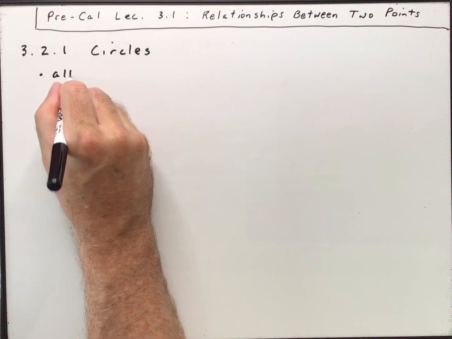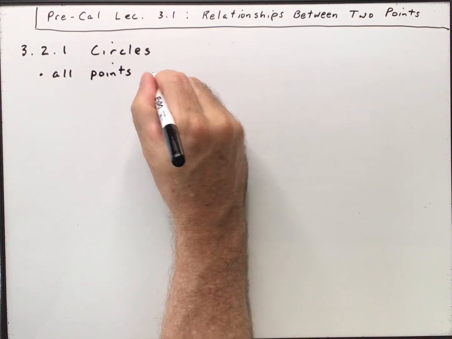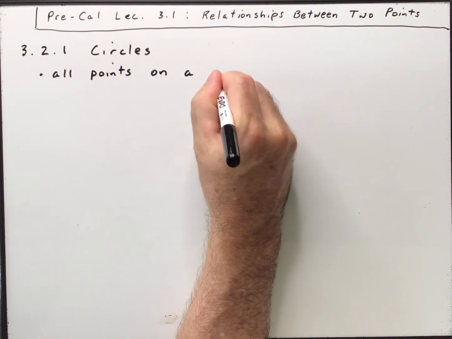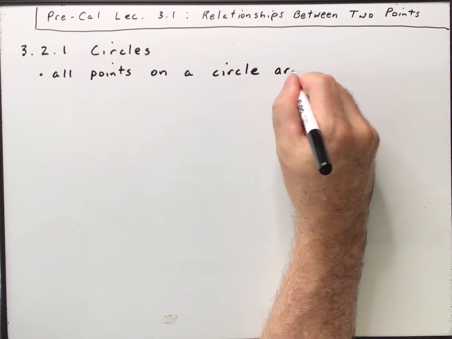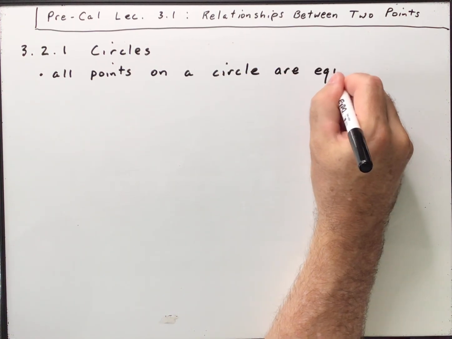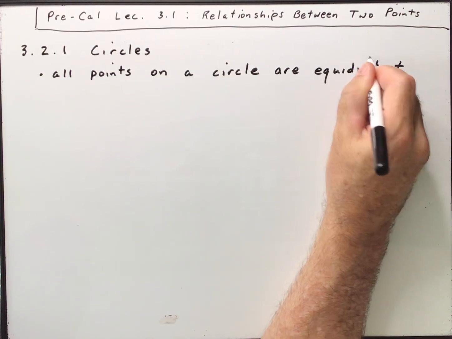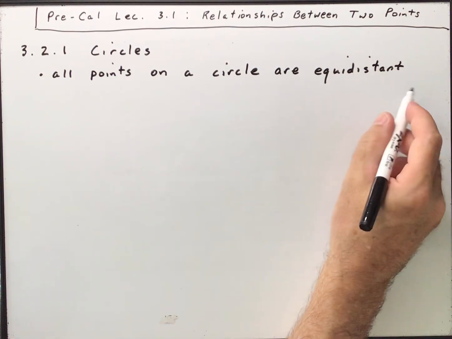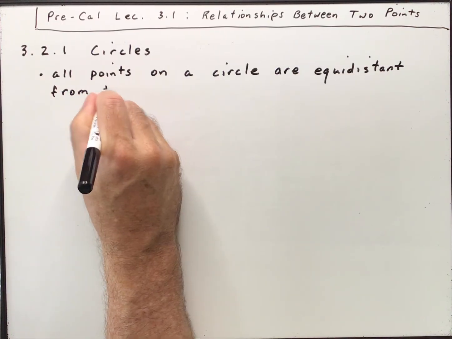So all points on a circle are equidistant, have an equal distance from the center.